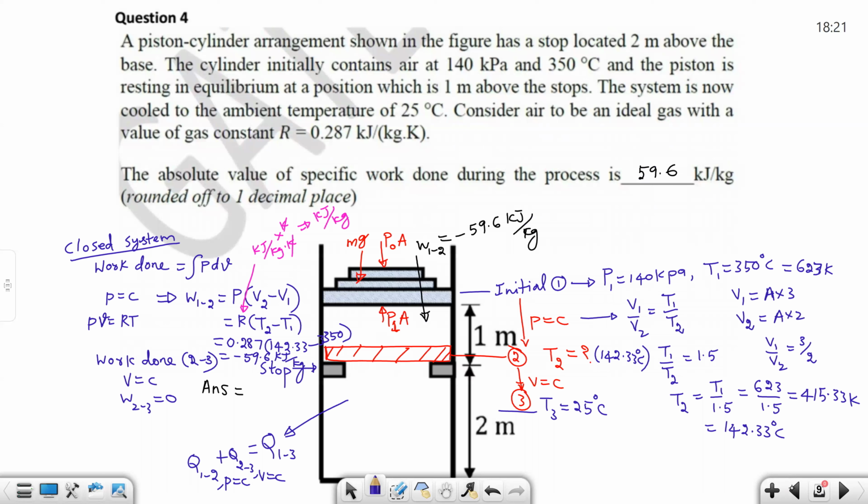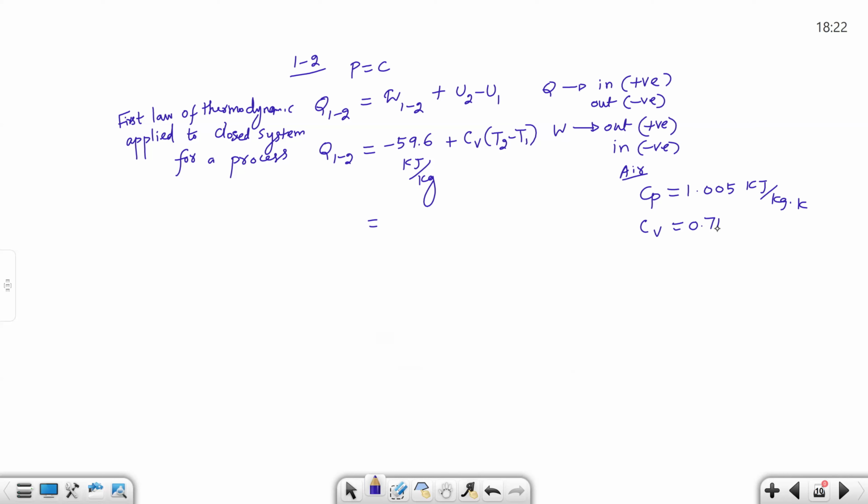You can see it is a piston cylinder arrangement, so it contains air. CV value is 0.718 kilojoule per kilogram Kelvin. CP minus CV is R. So R is your CP minus CV, 0.287 kilojoule per kilogram Kelvin.